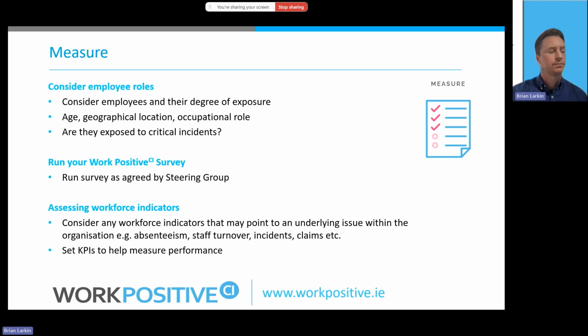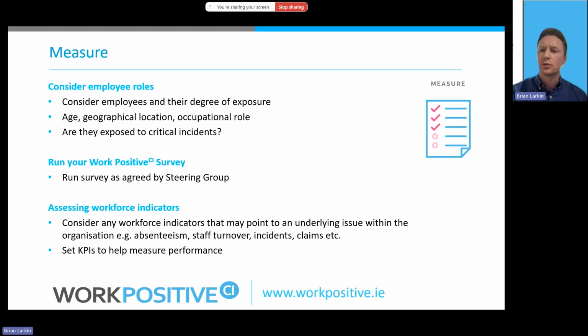So looking at employee roles, you may, for instance, have employees that deal with conflict in the workplace. They need to be considered. Are they exposed to critical incidents? Where are they based geographically? You need to consider their degree of exposure.